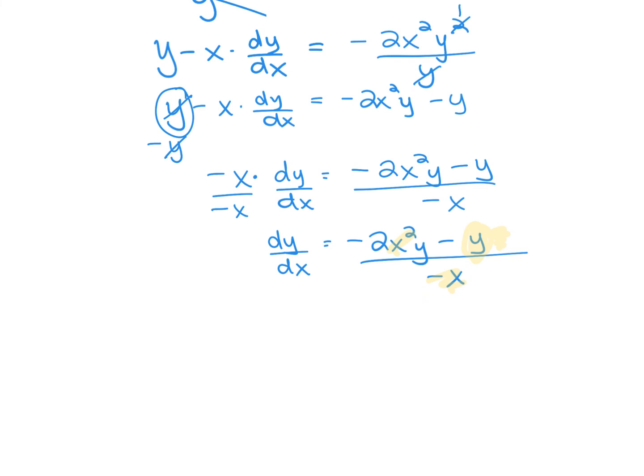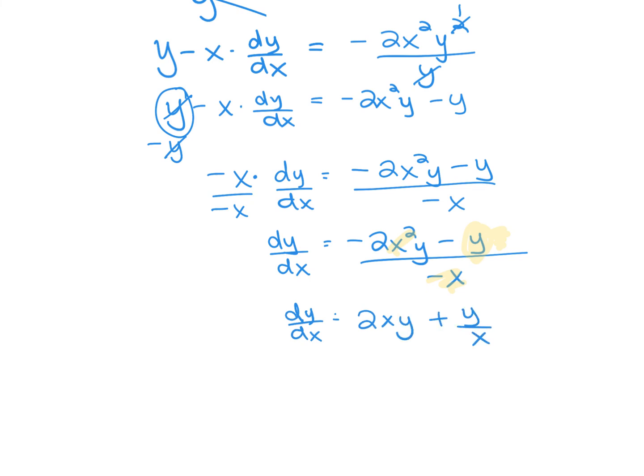Okay, so that's our derivative. If you wanted to rewrite it, you could as negative 2x. Actually, it'd be positive 2xy plus y over x.